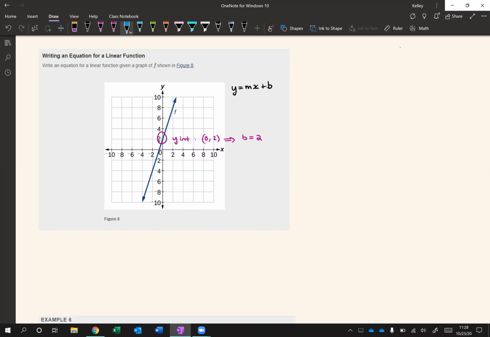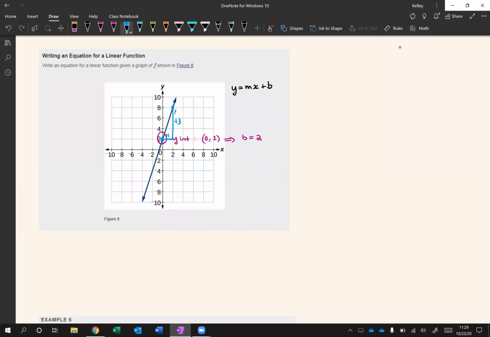And then I also have to inspect my slope. So I can use any 2 points to do that. I'm going to use ones that go nicely through the crosshairs on the grid. So I'm going to get +1, +3, right? So right is plus, left is negative in terms of run. Up is positive, down is negative in terms of rise.